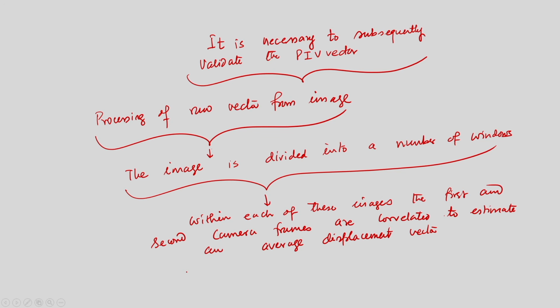So, this is the processing of the raw vector from the image: the image is divided into a number of windows, which we have discussed many times are called integration windows. Within each of these integration windows, the first and second camera frames are correlated to estimate an average displacement vector.